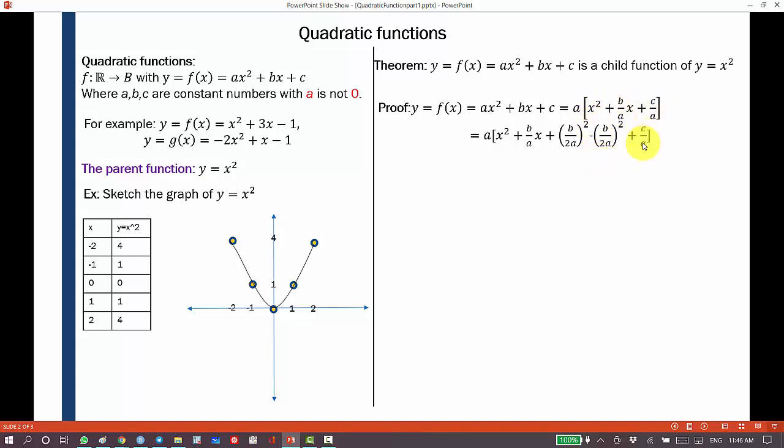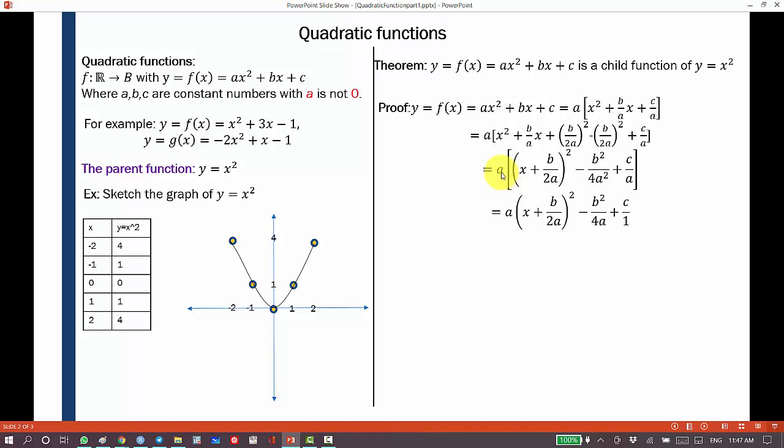Of course, c/a remains here. Now x² + (b/a)x + (b/2a)² has the form of a² + 2ab + b², which becomes (x + b/2a)². This term is b²/4a² plus c/a.